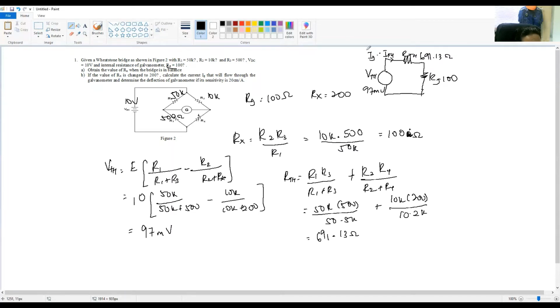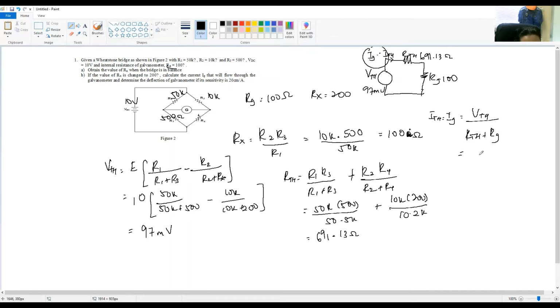So we can calculate the current Ig. This is the formula: VTH divided by RTH plus Rg.